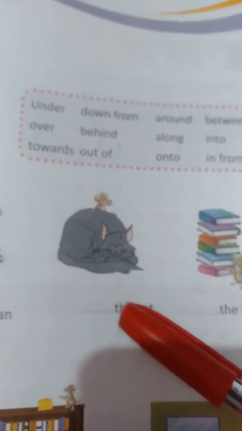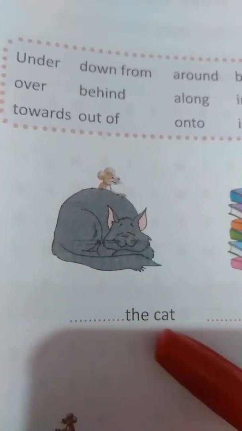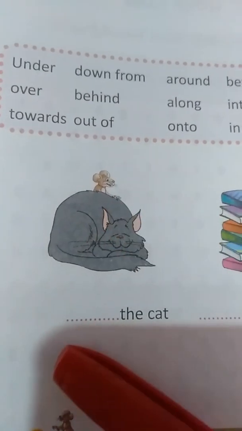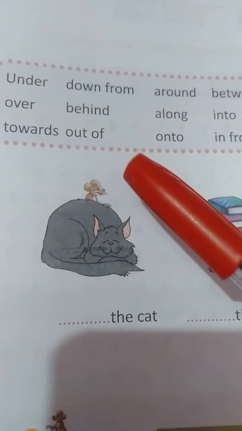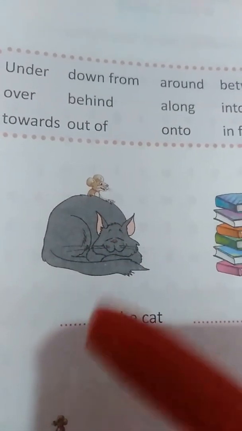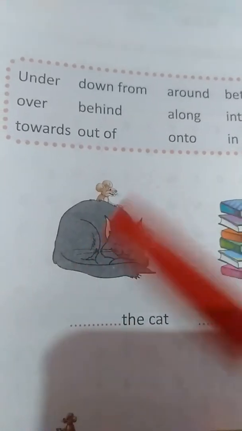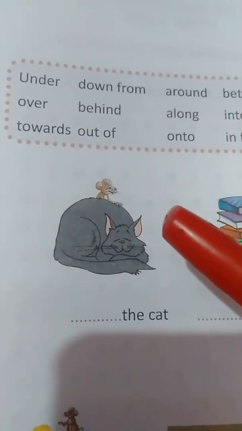Like, see in this picture, there is a cat. They have given "dash the cat." And the question is, where does the mouse go? The mouse is behind the cat. So the word behind is showing the relation between a noun and the other part of a sentence. You got it?